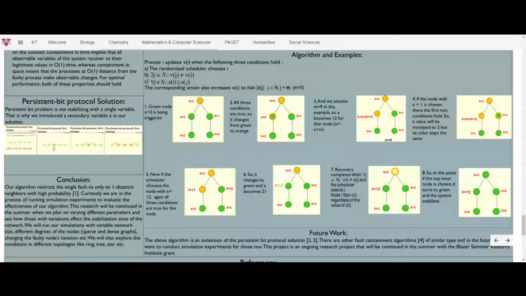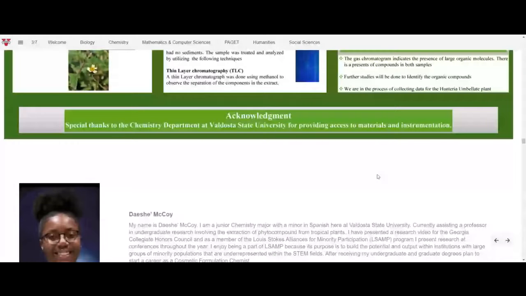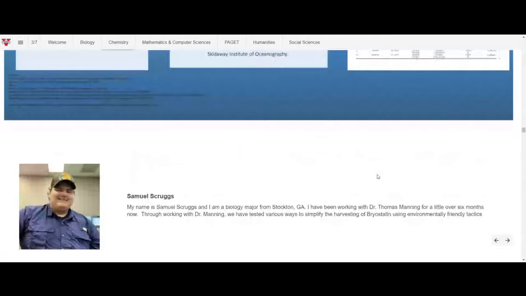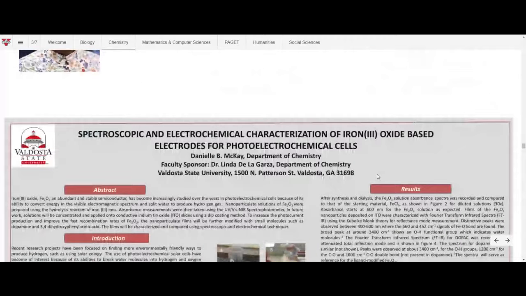So hello, everybody. My name is Danielle McKay, and I am conducting research with Dr. De La Garza this semester. The goal of our project is mainly to use the iron(III) oxide nanoparticle solutions to create films that will eventually be used in solar cells for a safer method of energy conversion.